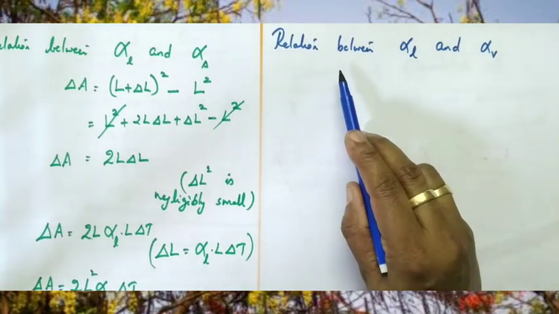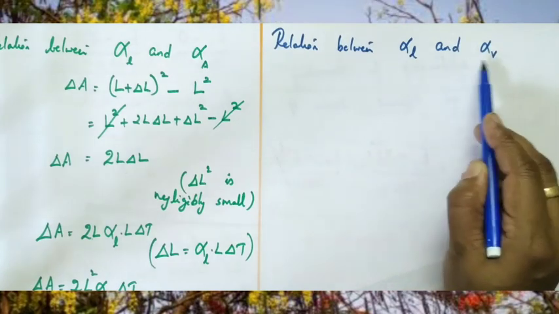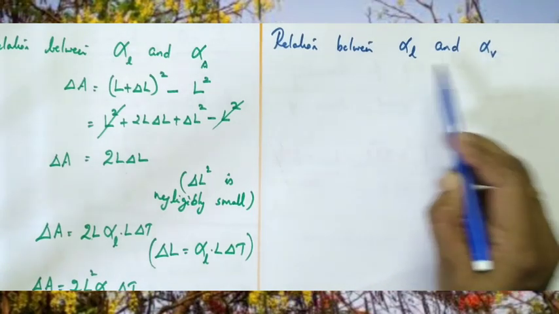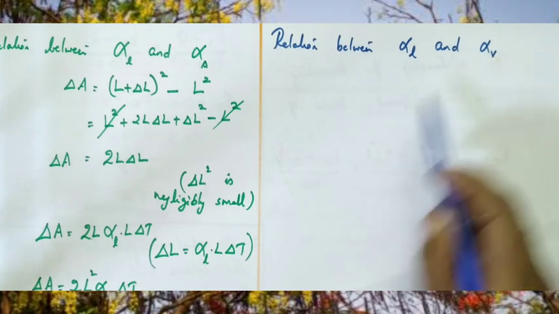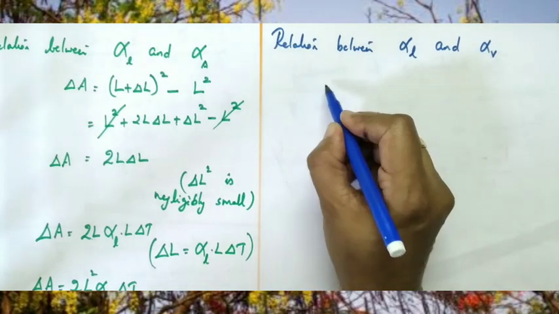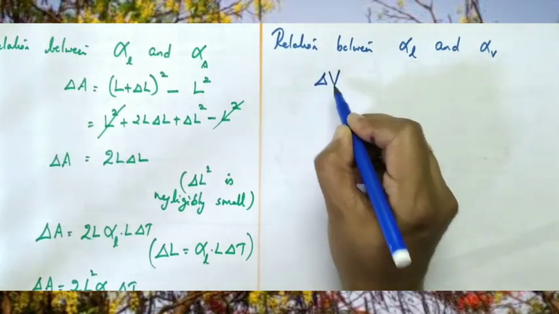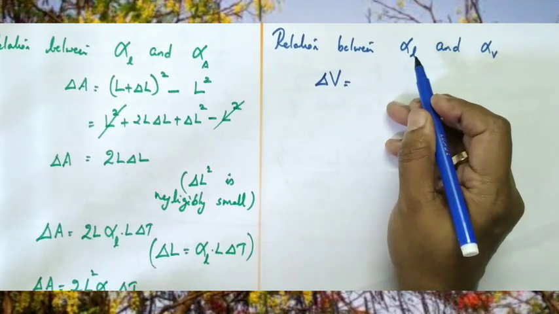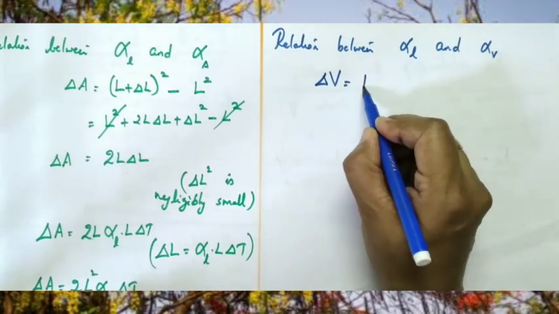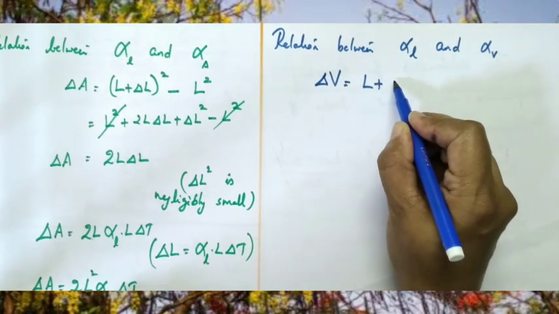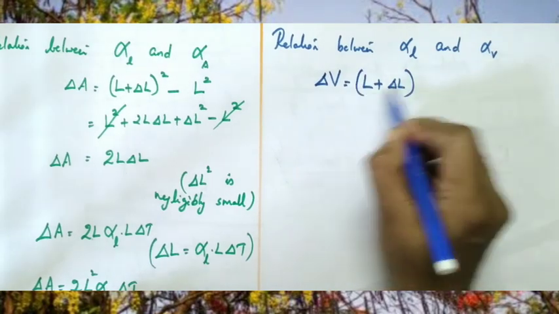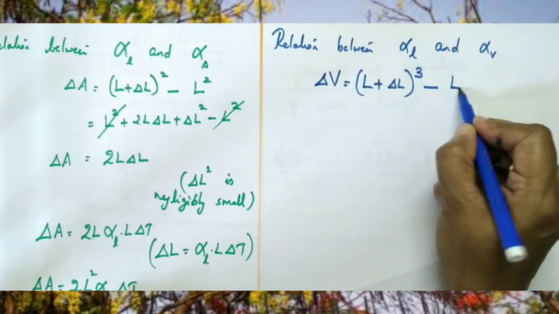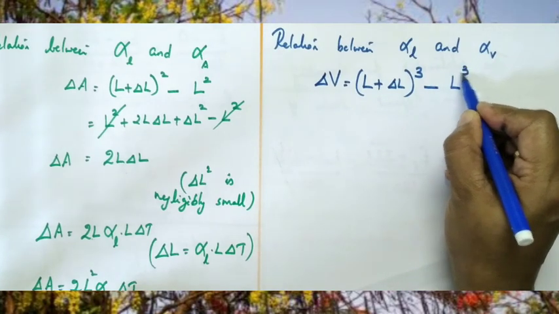Now we can derive the relation between alpha L and alpha V, coefficient of linear expansion and coefficient of volume expansion. First we can write increase in volume delta V. Delta V is the final volume minus initial volume. What is the final volume after heating? It is L plus delta L the whole cube, minus the initial volume before heating, L cube.